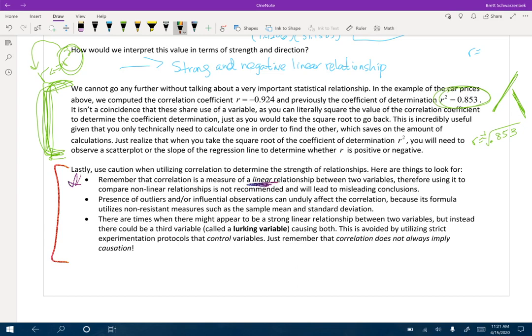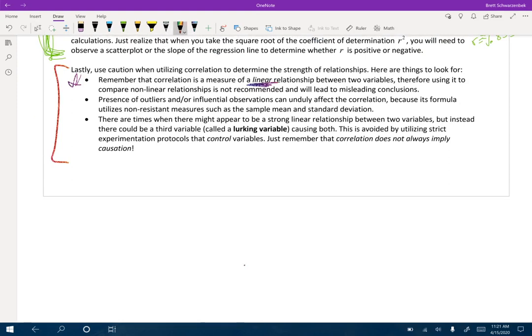So again, if you remember that picture I had, let's say you had a bunch of points like this, and you did a linreg and you got this. Even though this line has no place in being used as a regression line for these points, these points are closely packed about this line.